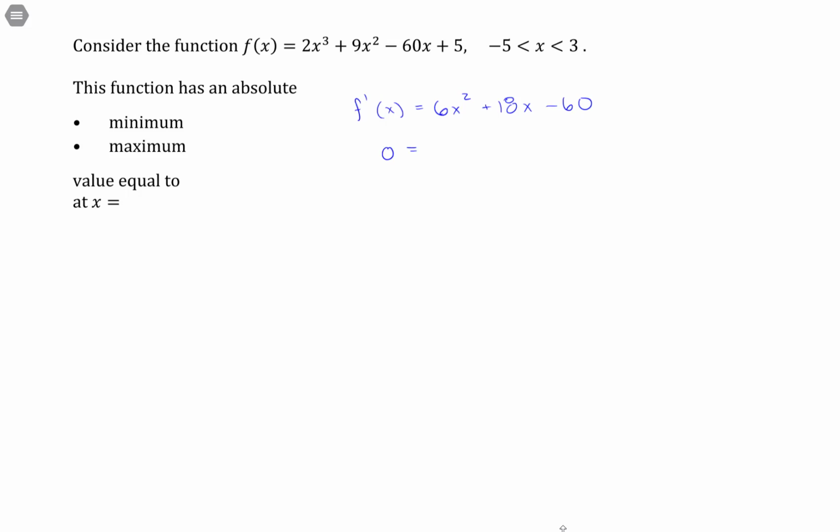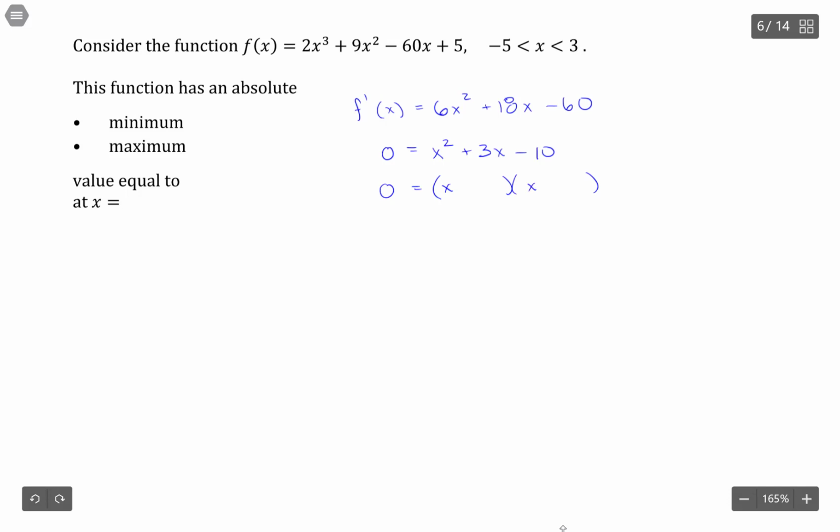There's a common factor of 6 in each of these, I'm going to just divide that out, which will make my factoring process easier. So 5 and 2. And if it's a positive 5 and -2, so x equals -5 and x equals +2.